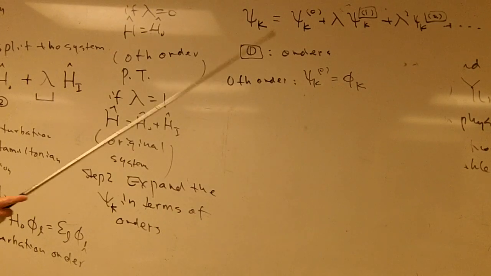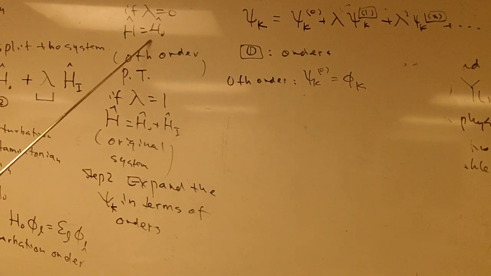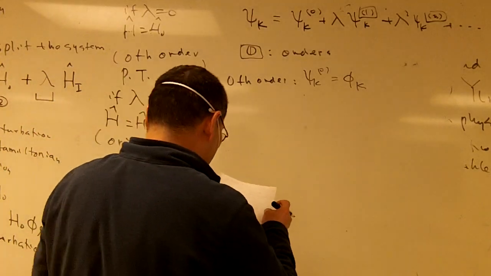So the eigenstate must be exactly the same. With the zeroth order, you don't need to calculate, just use them as they are. But of course, the other orders are different.